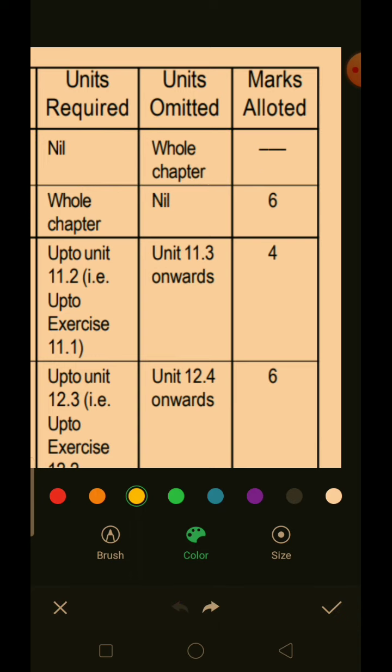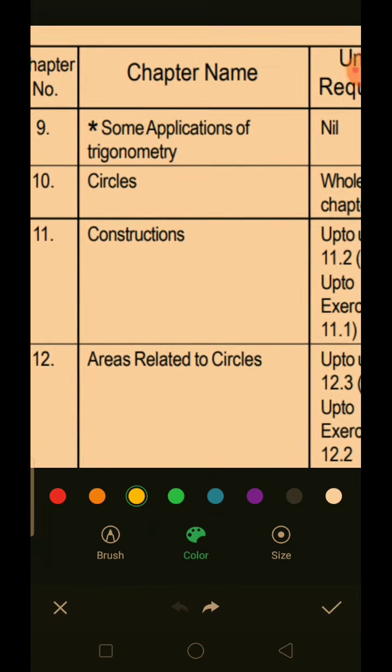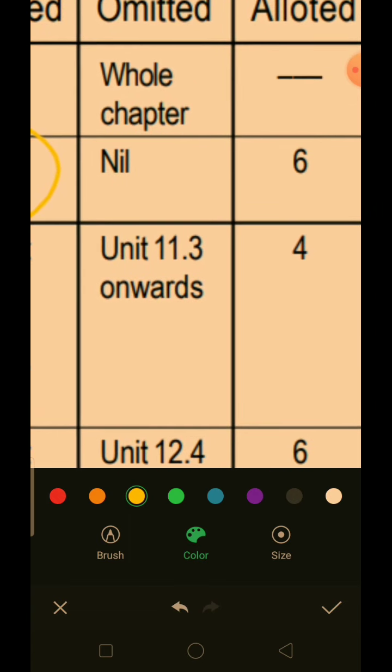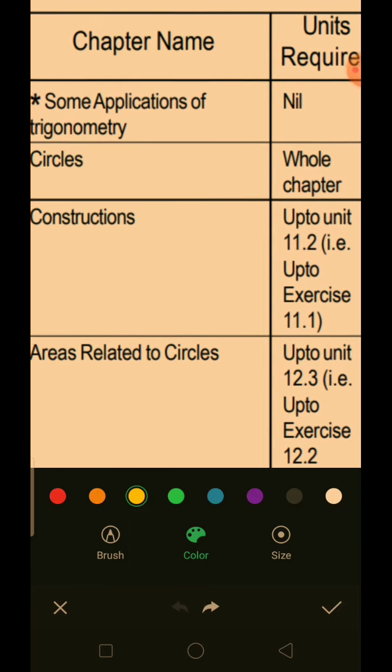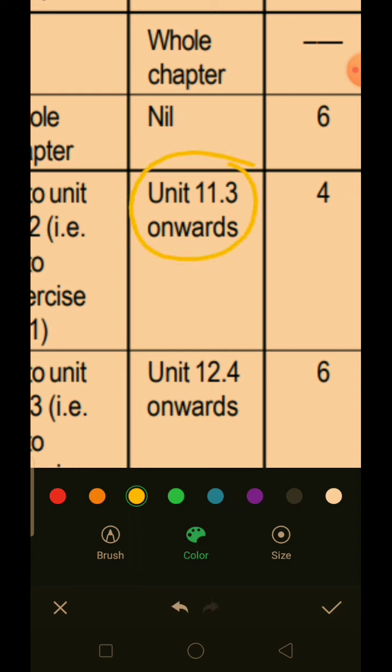If you move on, you will have circles, a small chapter, and here you need to study the whole chapter, so nothing has been left out and it carries 6 marks, which is of advantage to you. Then constructions, up to unit 11.2 and everything within, but your exercise is only 11.1, which means that any units dealing with 11.3 onwards is out, and you have only 4 marks to deal with.